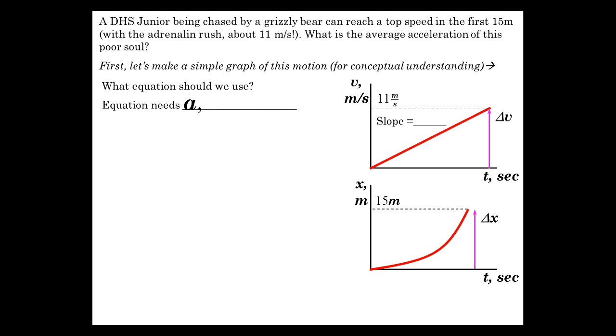The equation that we want to use is going to then have the acceleration that we're looking for. It's going to have the displacement because we have it, and pretty much everything we have we need to use. It's going to need the final velocity and the initial velocity. Well, also, we know what the initial position is.